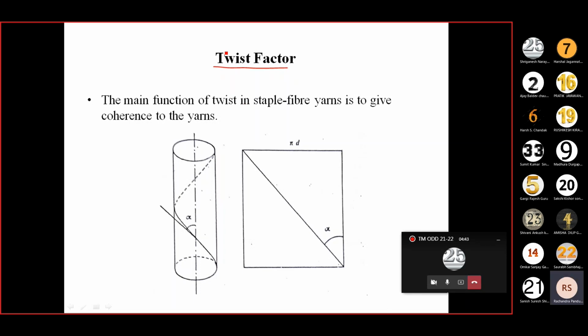Twist provides strength to the yarn. The main function of twist in staple fiber yarn is to give coherence to the yarn, right?